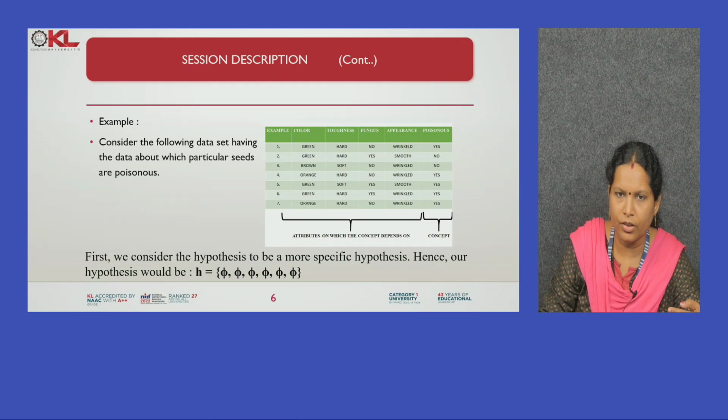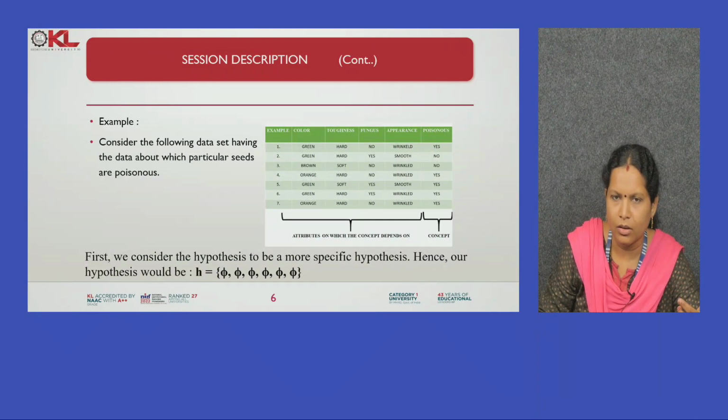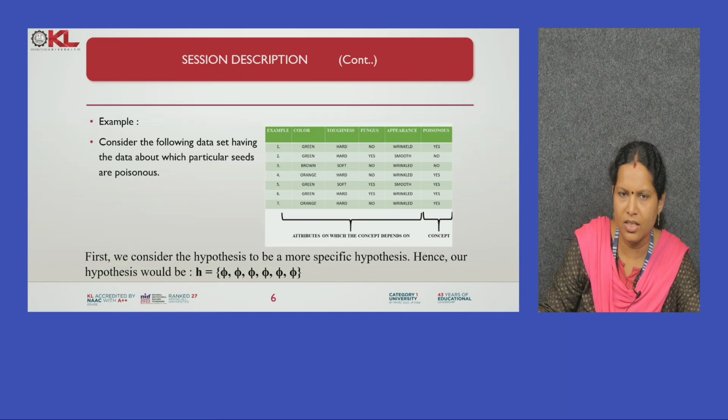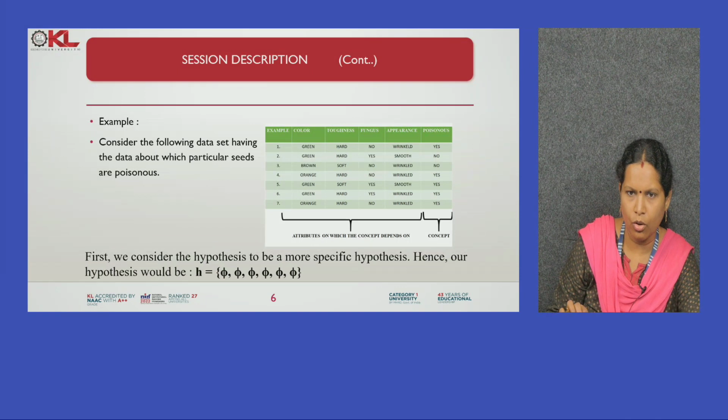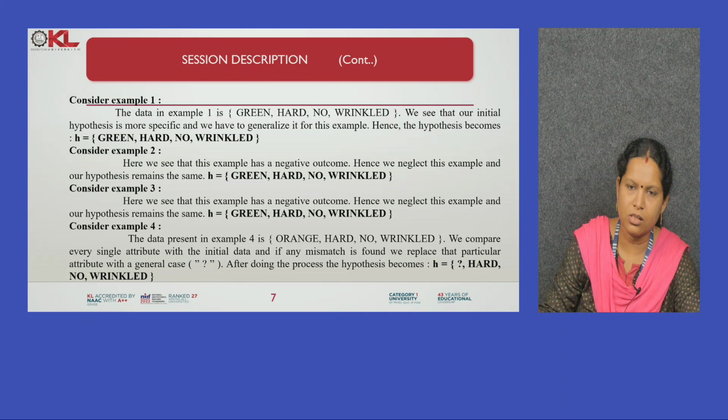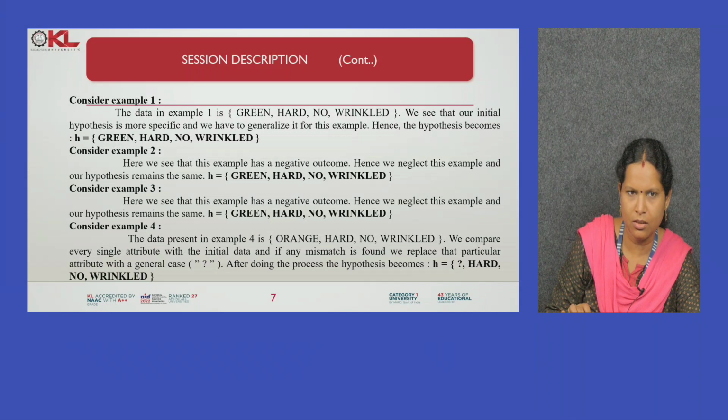Then soft, and in the previous one it is hard, so we put a question mark for this one. For the fungus it is yes, and in the previous one it is no, so it is a mismatch and we replace it with a question mark. In the previous example it was wrinkled and now it is smooth, so a question mark. All the attributes are replaced by question marks. Finally, the outcome of this example is H equal to four question marks.